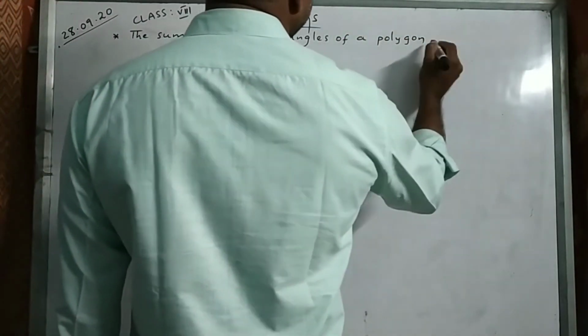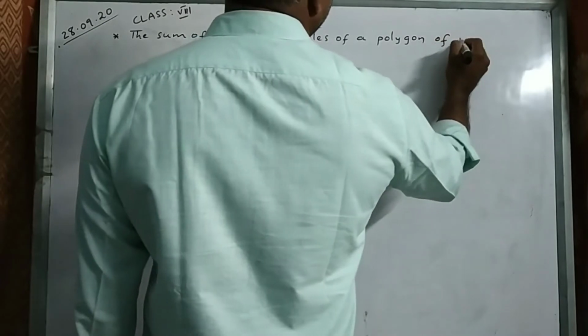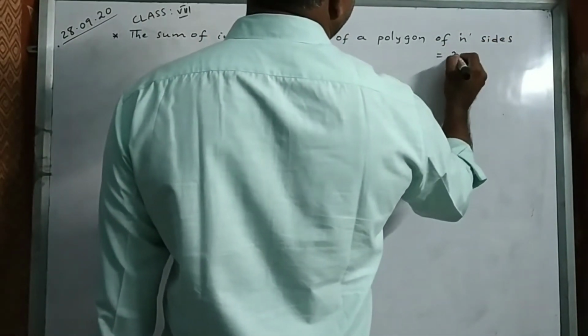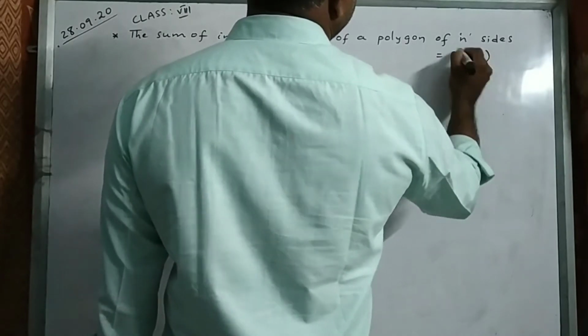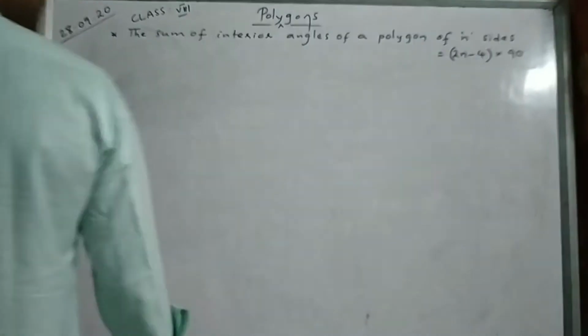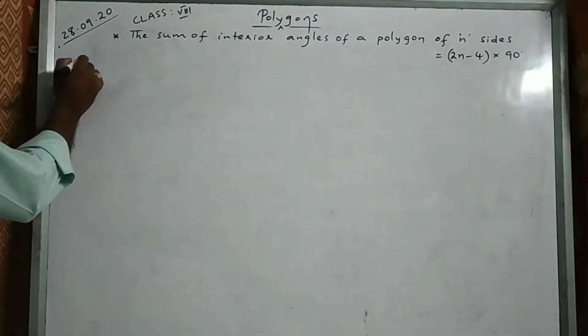The sum of interior angles of a polygon of n sides is equal to (2n minus 4) into 90 degrees. This is the formula we use for doing one problem.